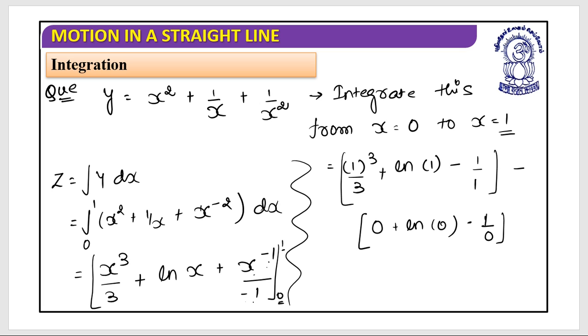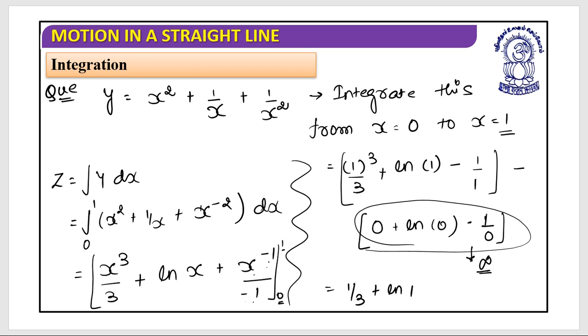Yes, this tends to infinity. So this looks like 1 by 3 plus ln 1 minus 1 by 1, minus infinity.